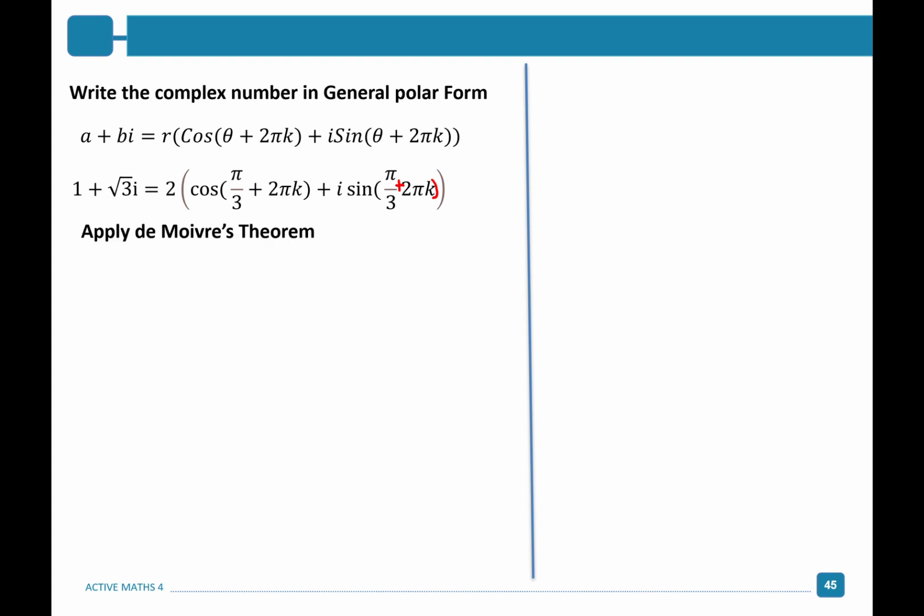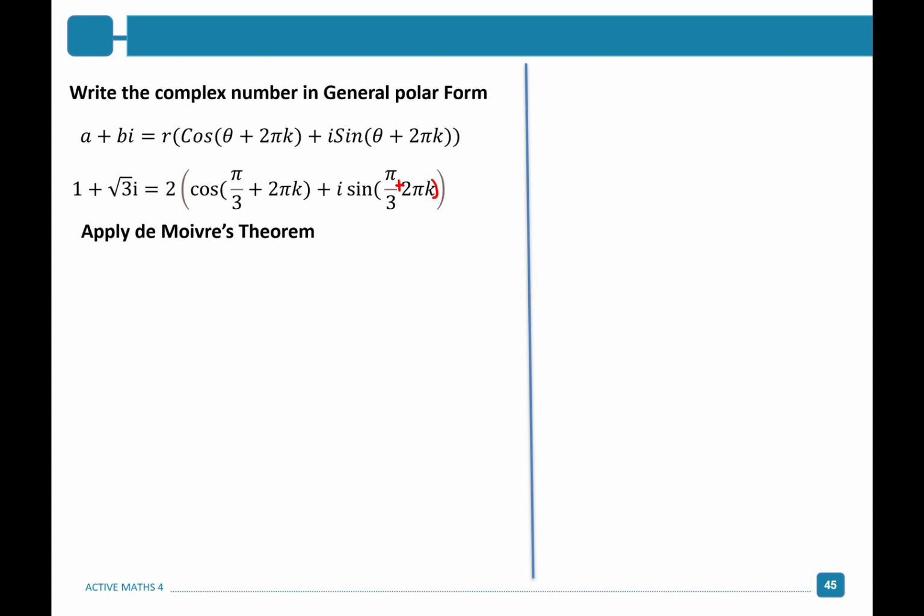Now that we have our complex number written in general polar form, we can apply de Moivre's theorem. It is important in these questions to first write our complex number in general polar form because, as we said at the start, when we're solving for a value of z, you will have more than one answer. In this case, we want to have two roots.